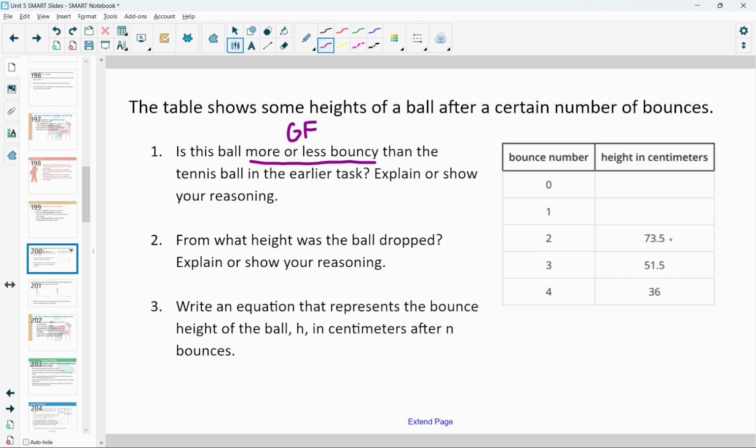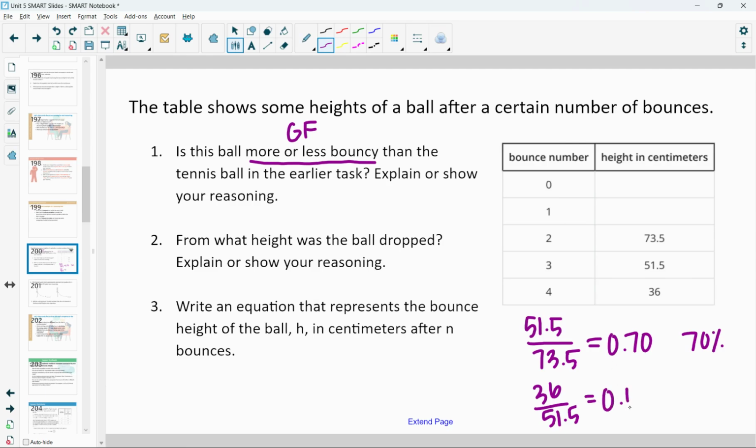So we can look here and we can do 51.5 divided by 73.5 to figure out that growth factor. So this one is equal to 0.70, which means it's keeping 70% of its bounce. And then we can do 36 divided by 51.5 and get 0.699.